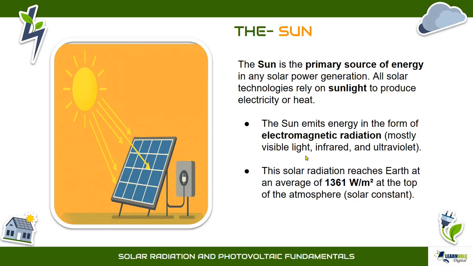It does this with electromagnetic radiation like visible light, infrared and ultraviolet, and the amount that reaches the atmosphere, not the earth's surface, is 1,361 watts per square meter. So take note of this.